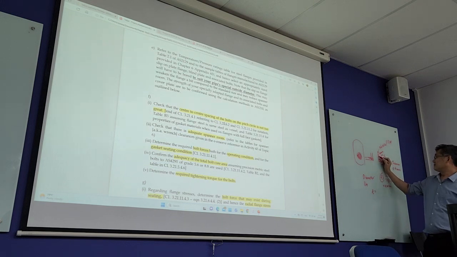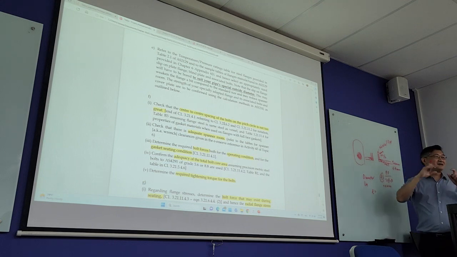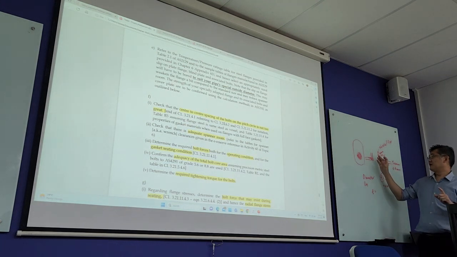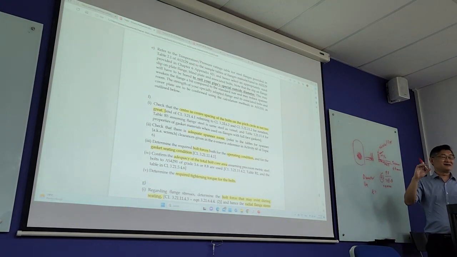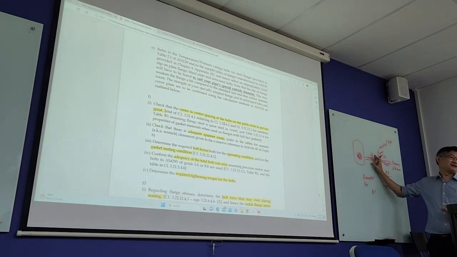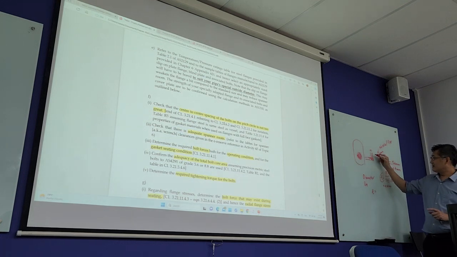In this case, we are able to use this part to compensate the cutaway area, because we have this excess area that is able to compensate. So this is how we get A2. And if let's say your nozzle is inserted beyond the vessel, deeper, in this case this is called A3.